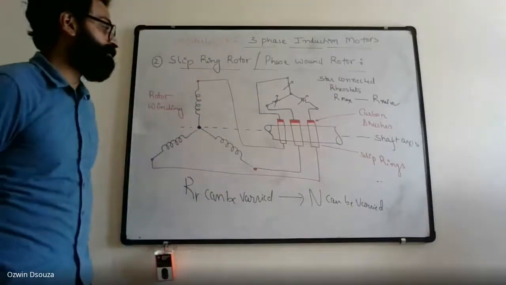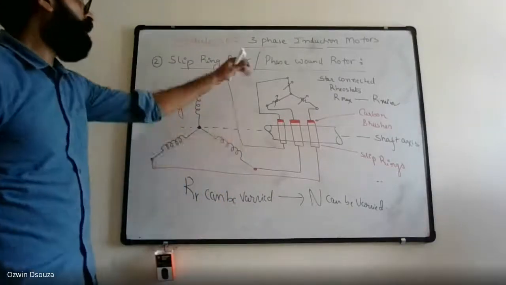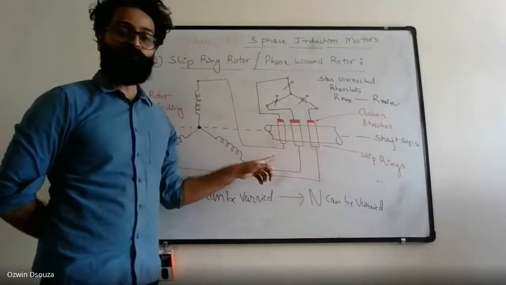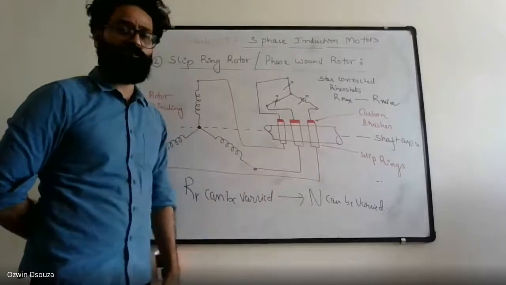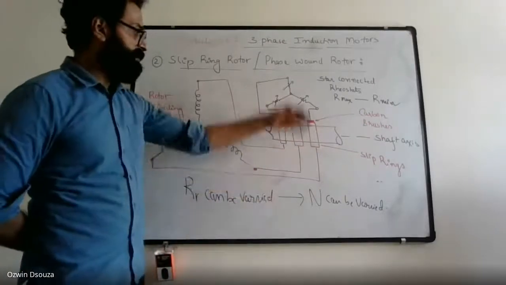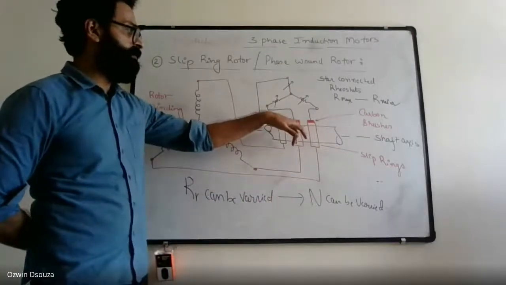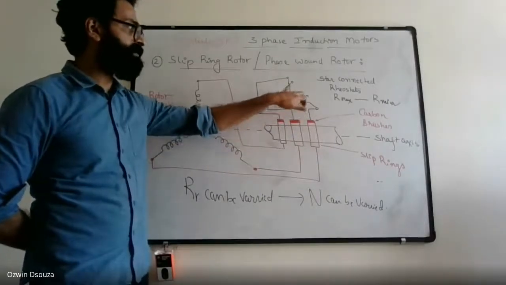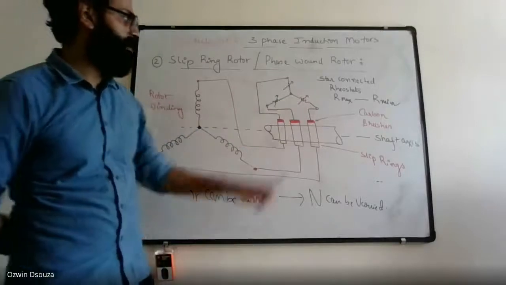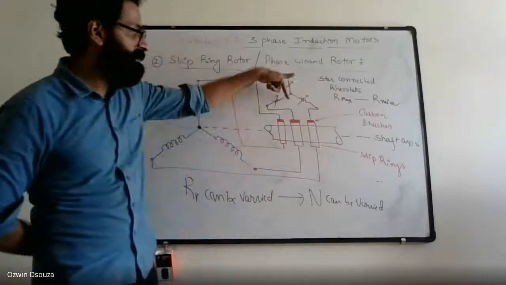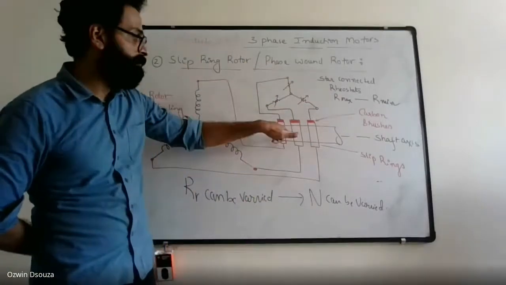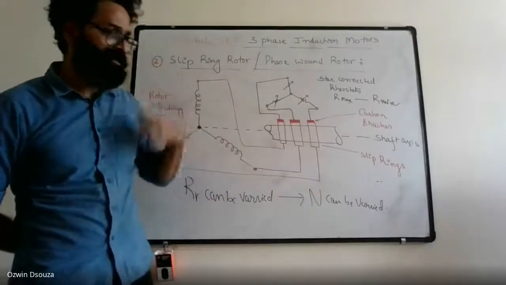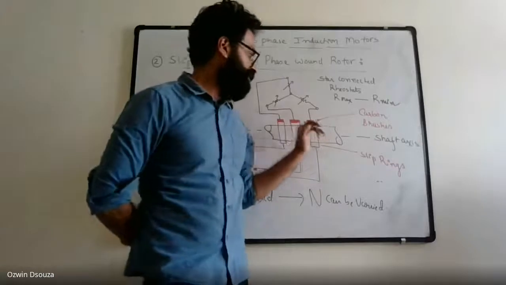On the other hand, if you look at the construction of slip ring induction motor, you can see that slip rings are present along with carbon brushes. And these slip rings and carbon brushes constantly rub against the fixed resistance. Basically resistances are connected to slip rings via carbon brushes, so these brushes are constantly in contact with the slip ring.